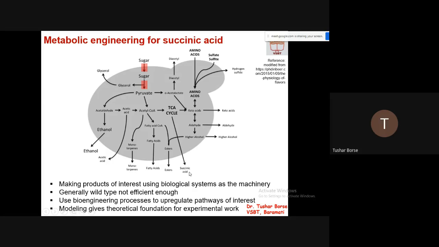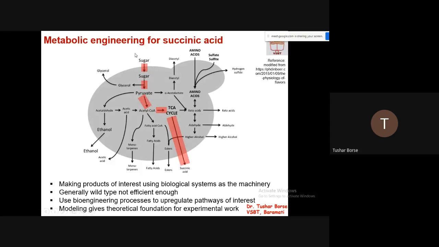So obviously succinic acid can be obtained from what? The sugars. The sugars enter the cell, undergo the glycolysis pathway, and are converted into pyruvate. Next, pyruvate will be converted into acetyl CoA. Acetyl CoA will go into the TCA cycle, and from the TCA cycle you get the succinic acid.